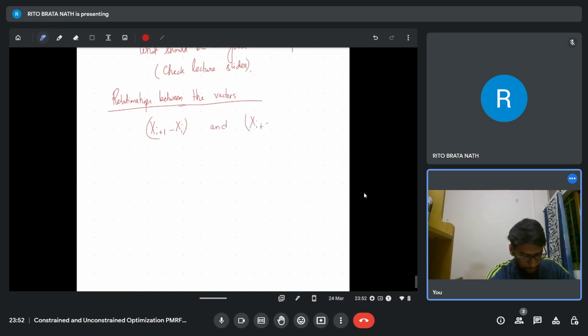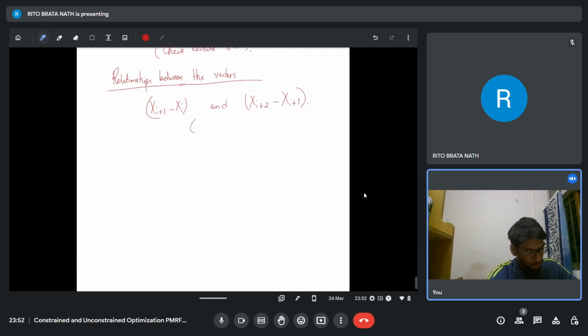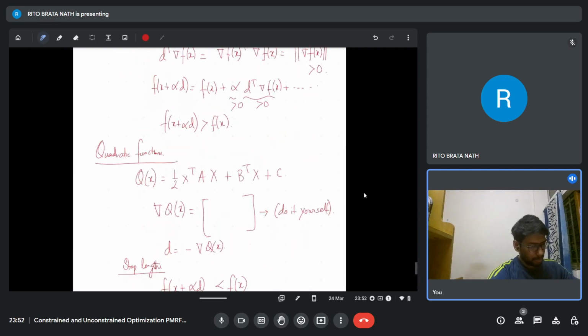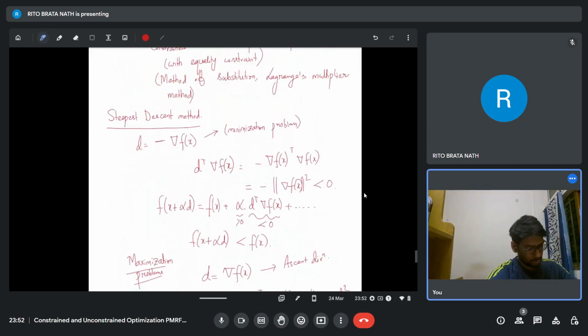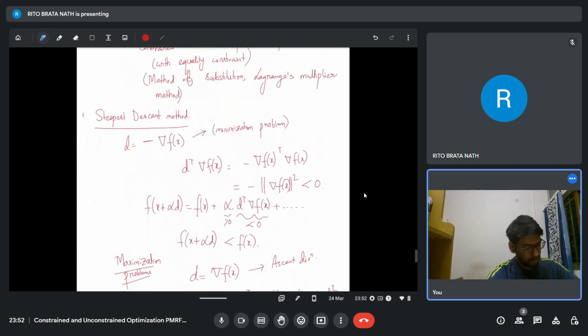So whether it will be perpendicular, parallel, or oblique to each other, those kind of things are being asked, or whether it's none of this. Again, this one also check lecture slides. I think this has been solved as well. Okay, so I think the first four problems will be done using this. So this could be your first topic. This could be a second. This could be a third. This could be a fourth.